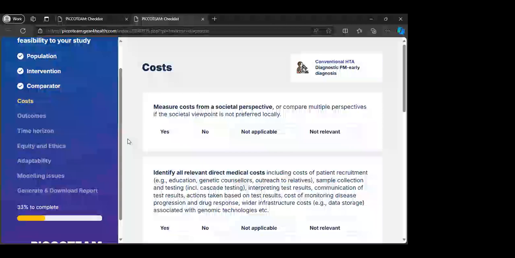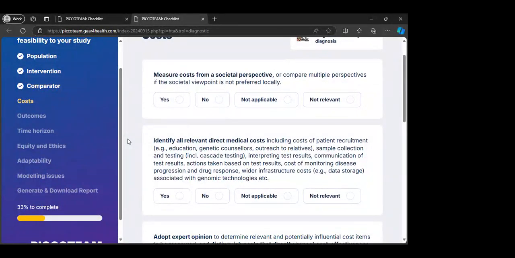And for costs and outcomes, for both these 2 endpoints, we will be recommending you to measure them from a societal perspective, which means that you collect the evidence not only related to the healthcare resource utilization or the time or travel or the days off because of receiving healthcare, but also from a broader societal perspective to identify the impact or measure the costs and the outcomes on the productivity, the work productivity, labor force, and even the intergenerational effects on the next generation.